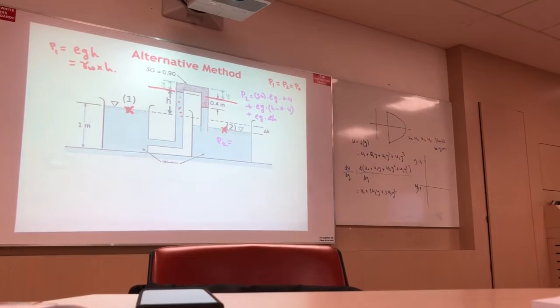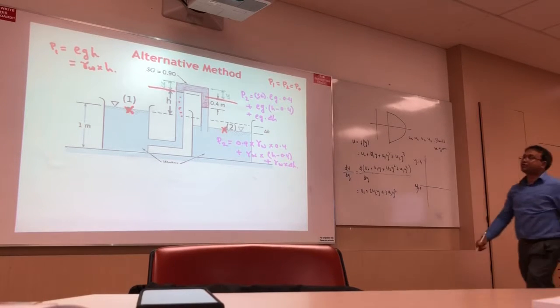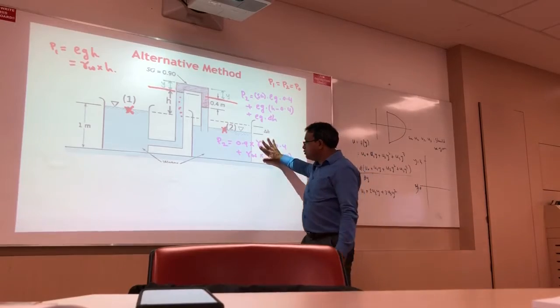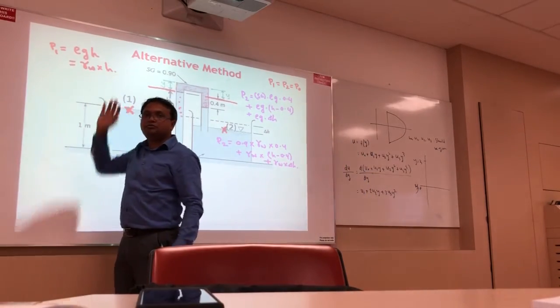P2 becomes, what is the value of specific gravity? 0.9, right? 0.9 times gamma of water times 0.4 plus gamma of water times h minus 0.4, right? Plus gamma of water times H. Then I can write P1 and P2 are same. If you follow this method, then you can write this value is equivalent to this value. Problem is solved.